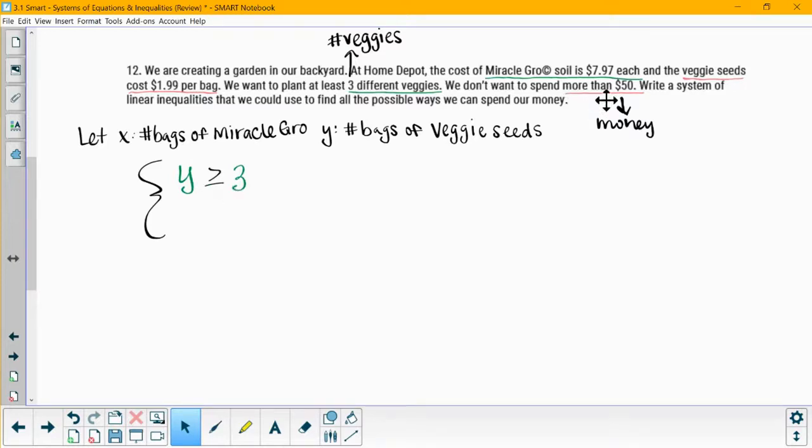And we don't want to spend more than $50. So I need to deal with money. So $7.97 times the number of bags of Miracle Grow and $1.99 times the number of bags of veggie seeds cannot be more than $50. So I have 797x plus 199y has to be less than or equal to 50.